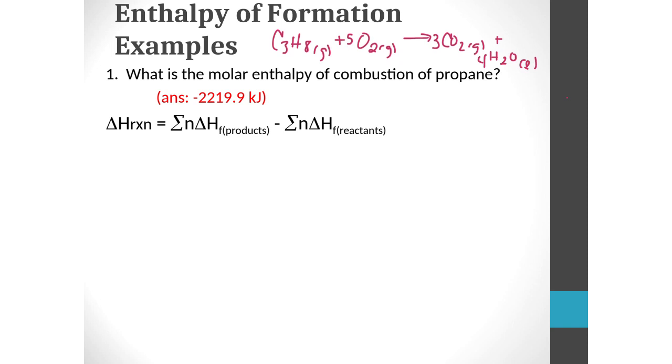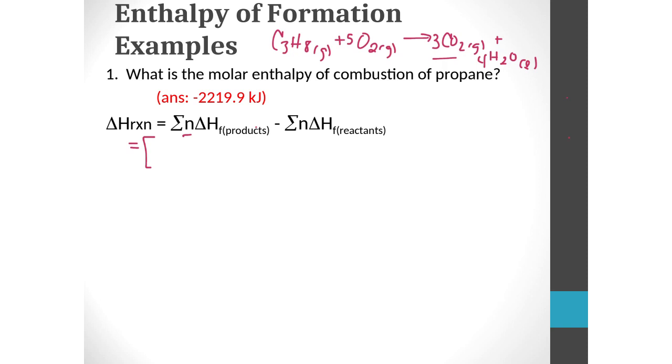So let's start to set up this solution. And there's our calculation formula for an enthalpy of formation. So we want to know what is the overall enthalpy for this particular reaction. We have to deal with products first. So we come over to our reaction and we notice that there is a molar coefficient in front of CO2.